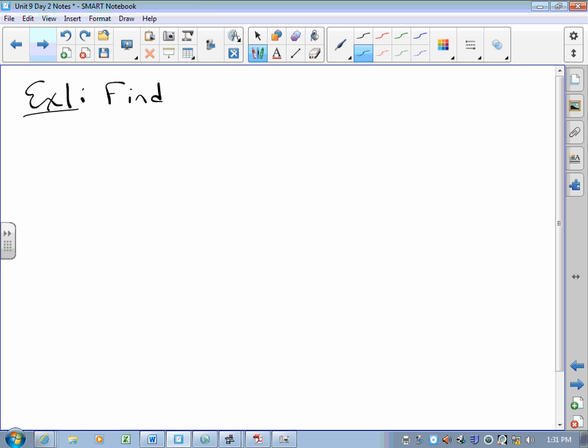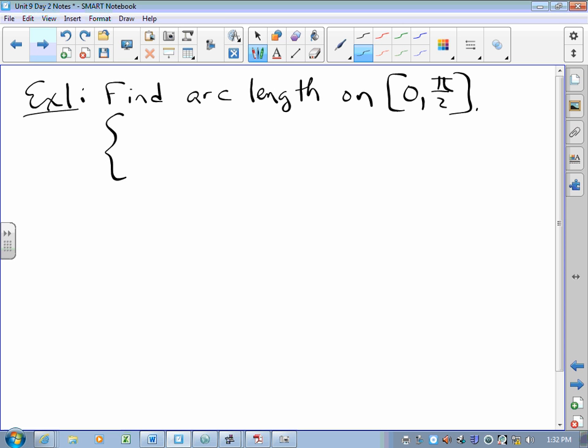Anyway, let's find the arc length on 0 to pi over 2 for the curve x equals cosine squared t, y equals sine squared t. Let's find that.